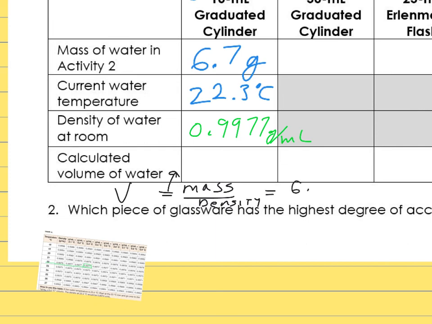So it's going to be that 6.7 divided by 0.997. Let me get out my calculator here. Let's do the math. 6.7 divided by 0.997. And that's a 9 right there, right? Everybody can tell that's a 9 now.